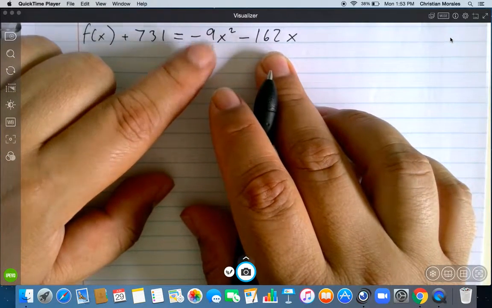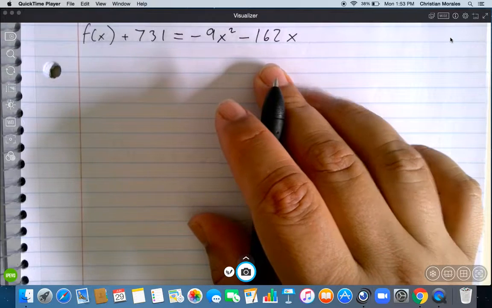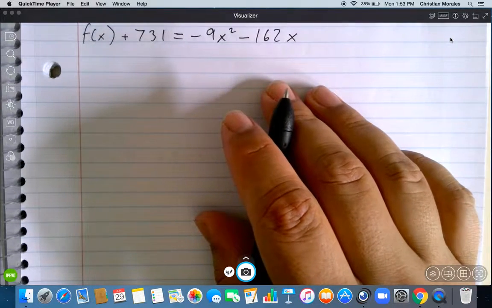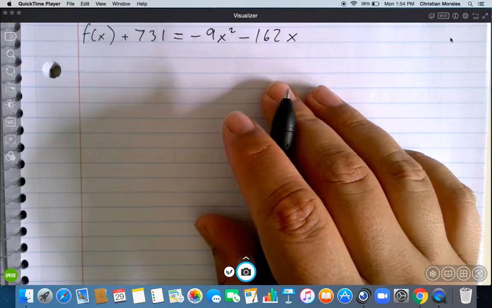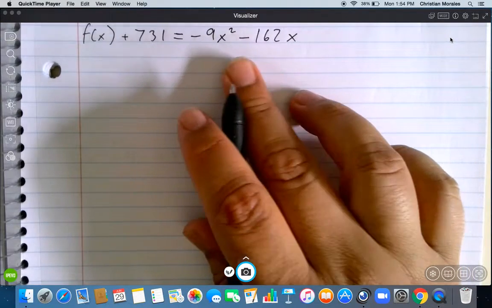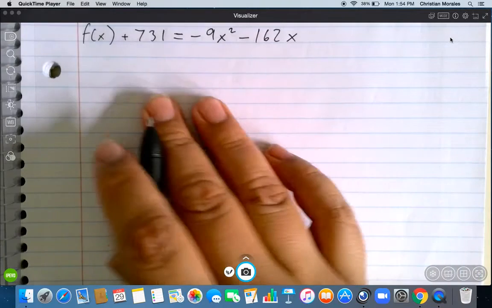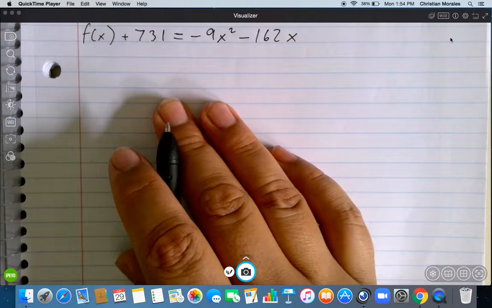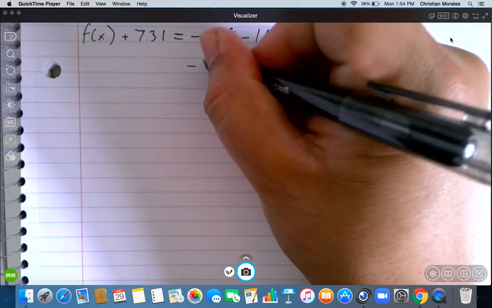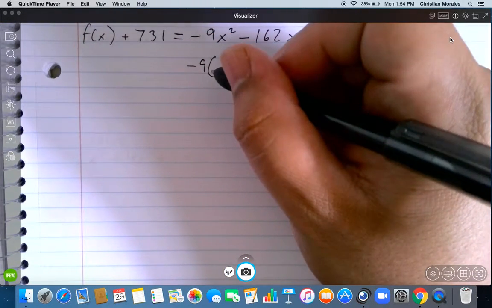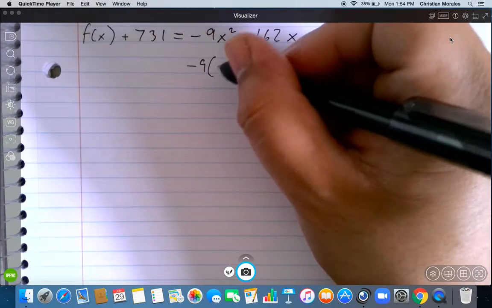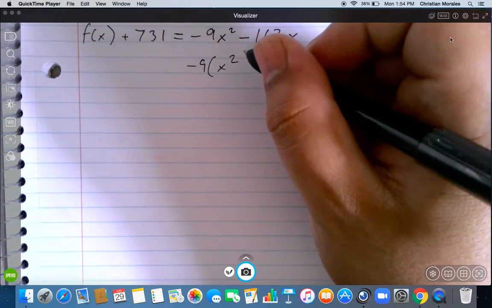Now if you notice, it's a negative 9. Okay? So if it's a negative 9, I'm going to treat this a little bit differently. I'm going to divide this by factoring out -9 from both of the numbers, okay? So -9 is going to be factored out. And that'll leave this as x squared.